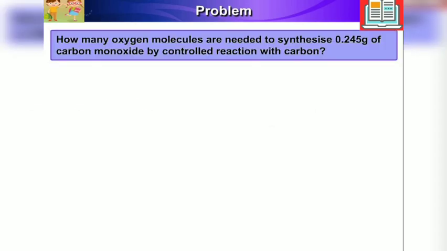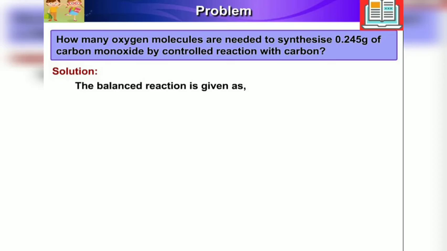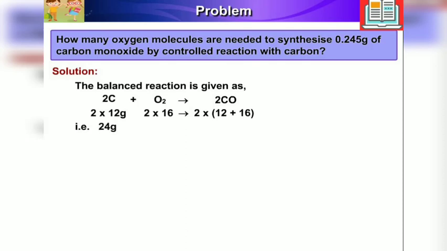How many oxygen molecules are needed to synthesize 0.245 grams of carbon monoxide by controlled reaction with carbon? Solution. The balanced reaction is given as 2C plus O2 gives 2CO. 2 into 12 grams, 2 into 16 gives 2 into 12 plus 16. That is 24 grams, 32 grams gives 56 grams. Hence, 56 grams CO equals 32 grams of O2.